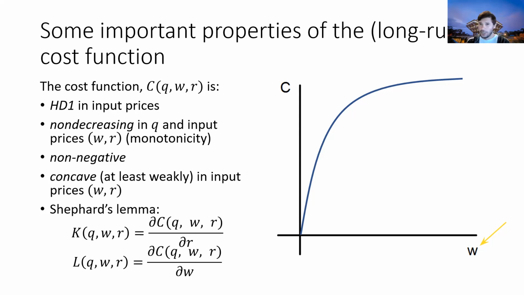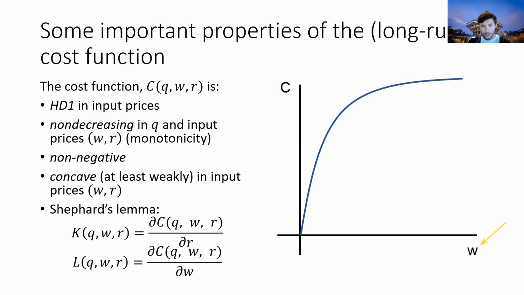And you can actually recover the conditional input demands from a cost function. In fact, I'm going to make the argument that if you told me the long run cost function, what we can actually do is recover the underlying production function that corresponds to the long run cost function.